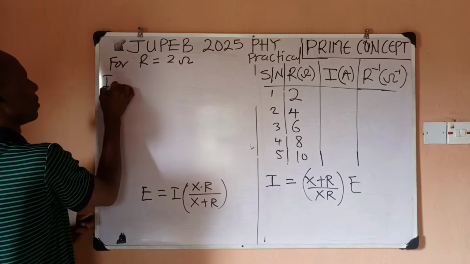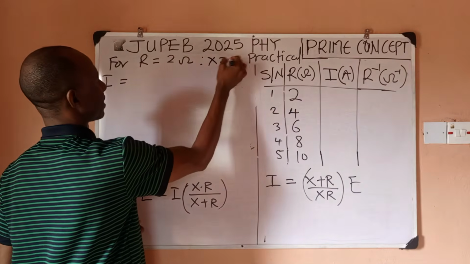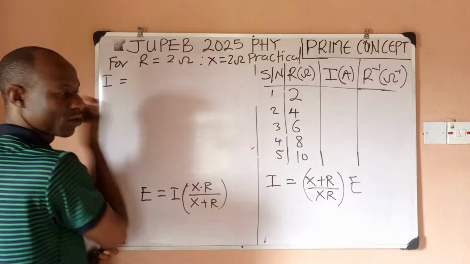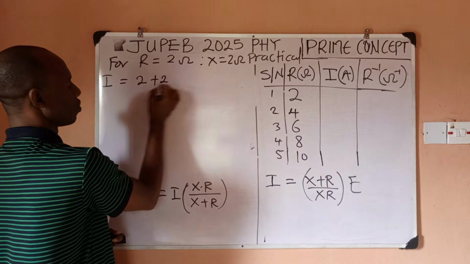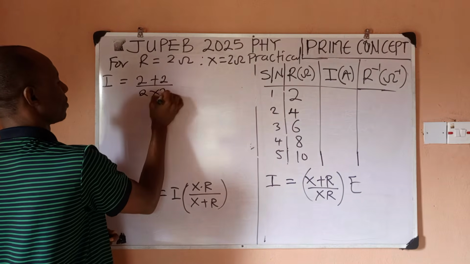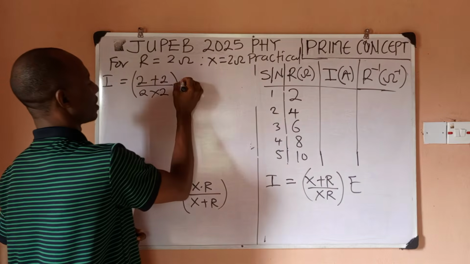What would our current be? Using this formula, remember that we take X as 2 ohms. So it's going to be 2 plus 2 all divided by 2 times 2, into our EMF, which is given in the question as 3.